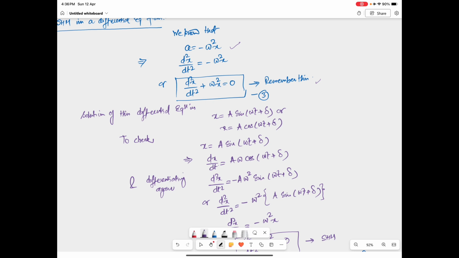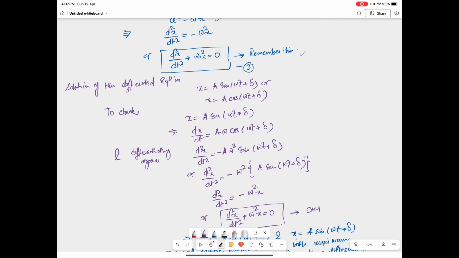Now we know from the differential equation solutions, which is a part of mathematics and will be covered when we talk about the solution of differential equations, that if I take x is equal to a sine omega t plus delta, or x is equal to a cos omega t plus delta, we can check it. If x is equal to a sine omega t plus delta, differentiating it, dx by dt is a omega cos omega t plus delta.